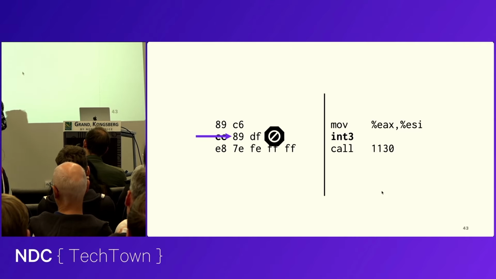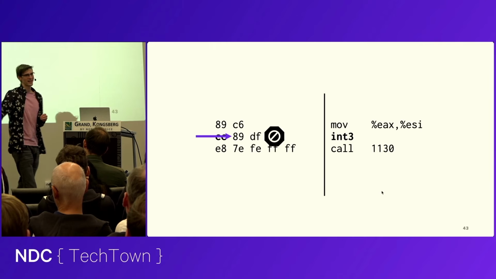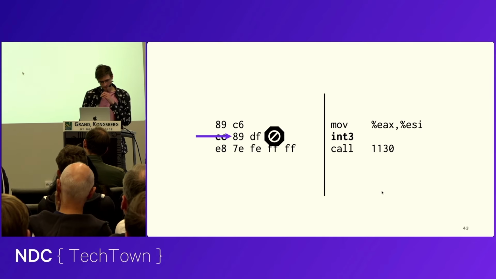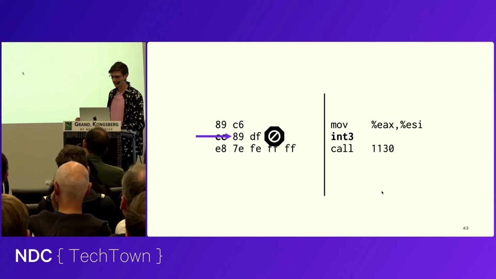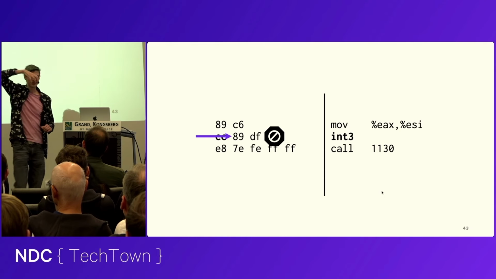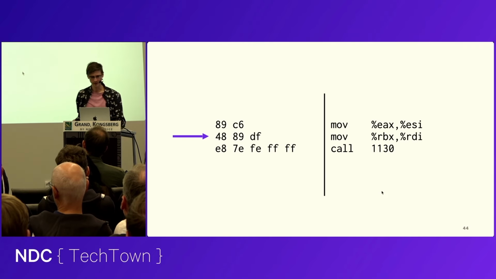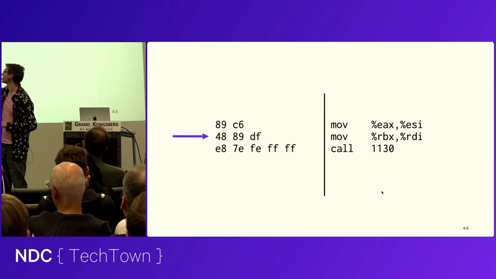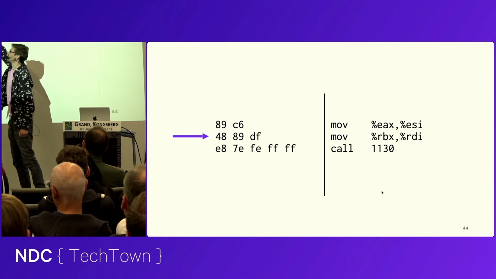We've just gone over our 0xCC and we're now in garbage land. So if we execute this, we'll probably hit an illegal opcode. So remember, I took that byte and remembered it somewhere. I'm going to move the instruction pointer back, replace the old contents, and now I have my move instruction back.